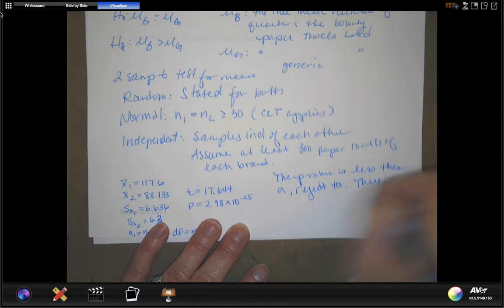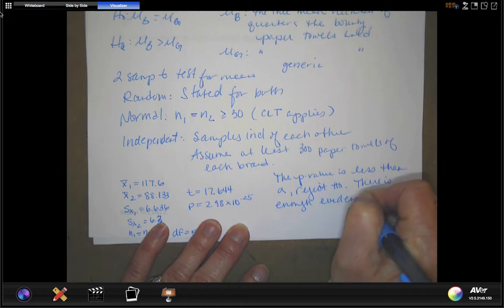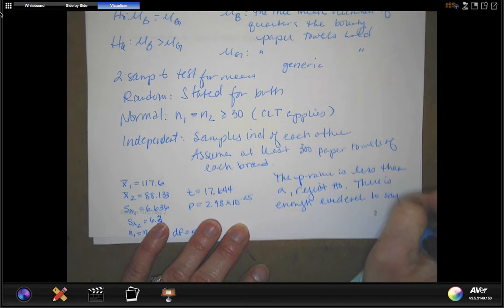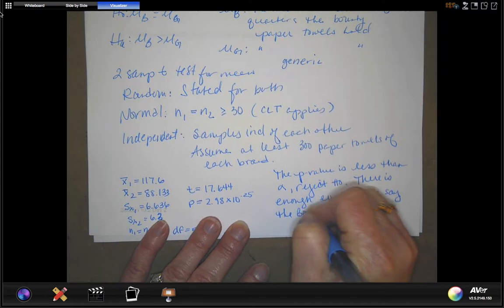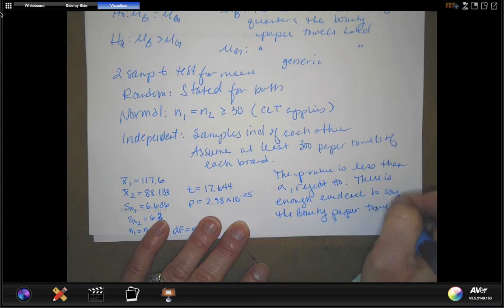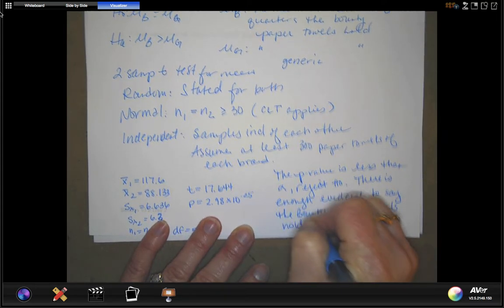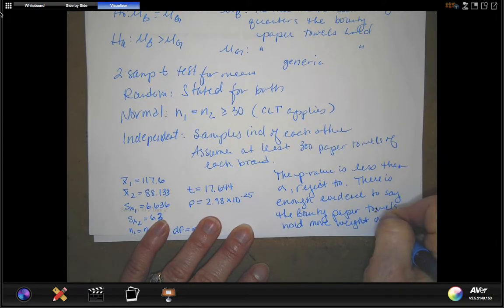There is enough evidence to say the Bounty paper towels hold more weight on average.